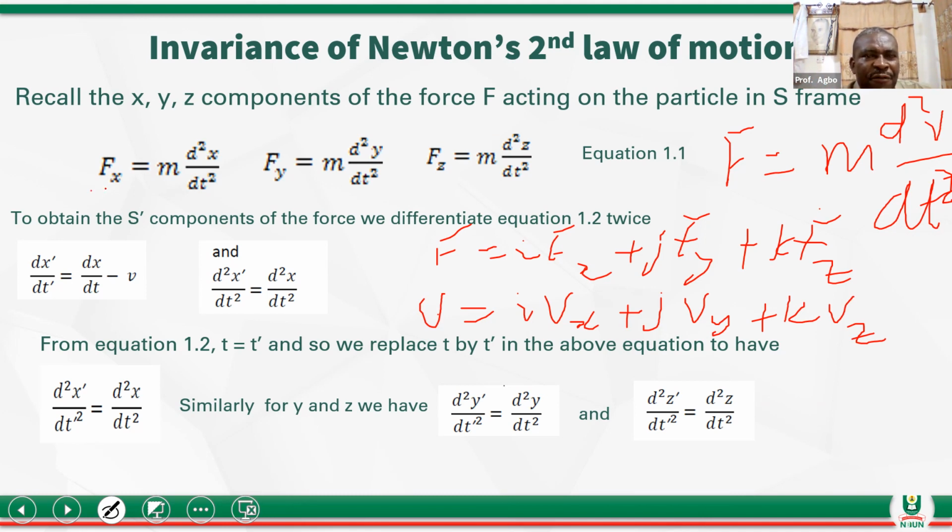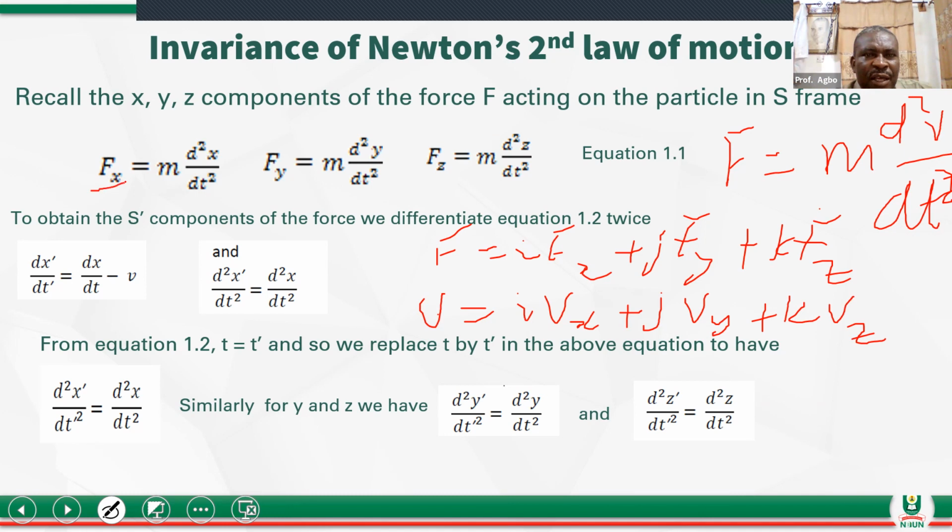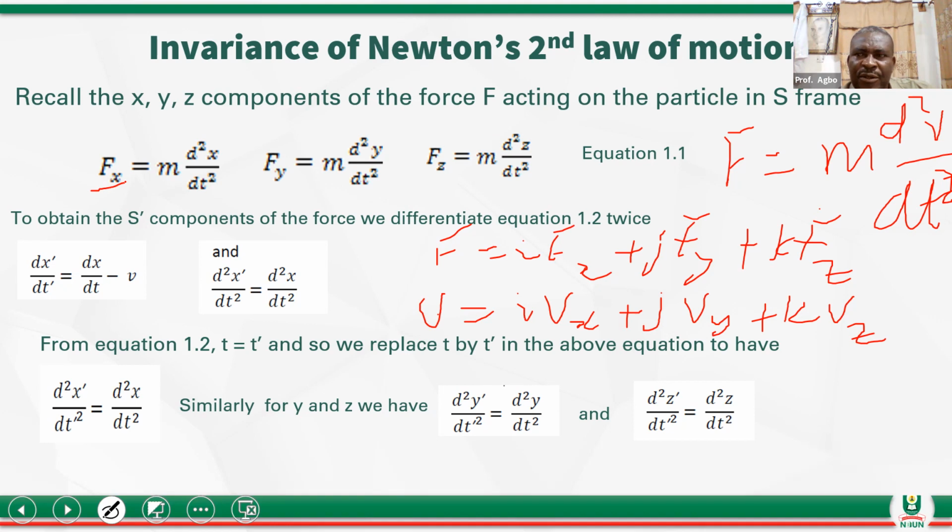Now, this Fx will be m d squared x over dt squared, because here you have the velocity. That will be Vx.